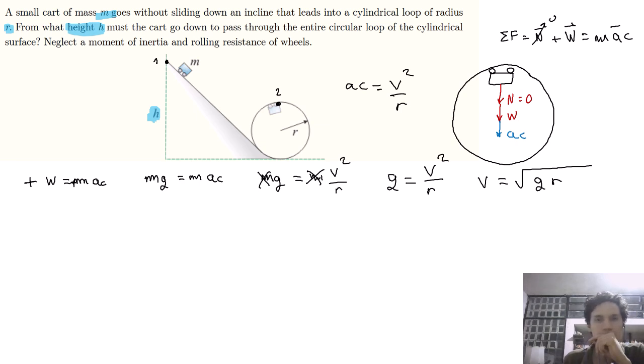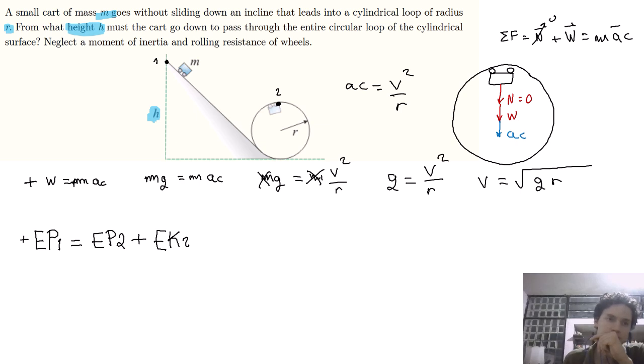And this will be useful because if we compare this point and this point, we can get more information. We know that the potential energy at point 1 must be equal to the potential energy at point 2 plus the movement from this point to here, that is the kinetic energy at point 2.